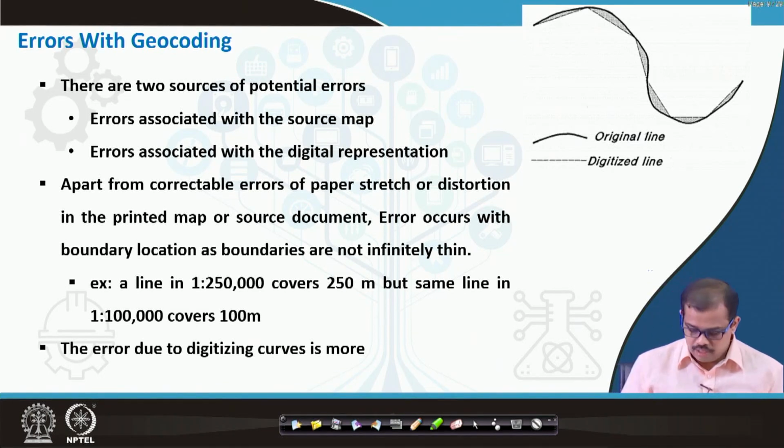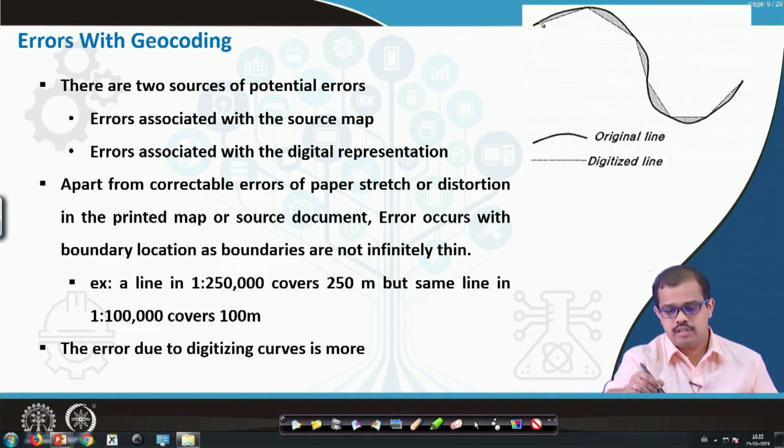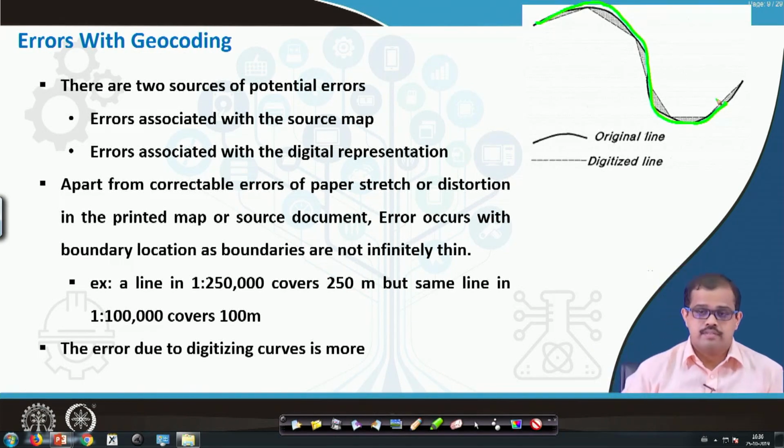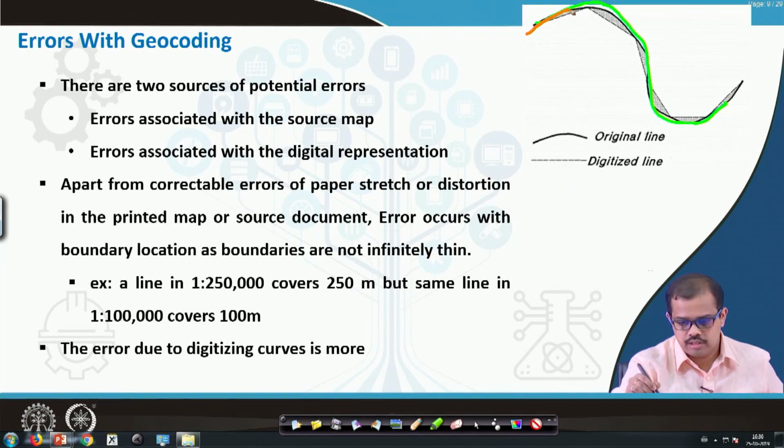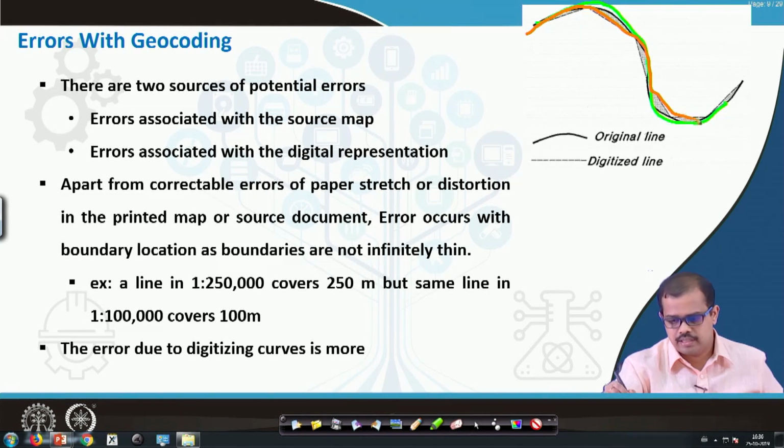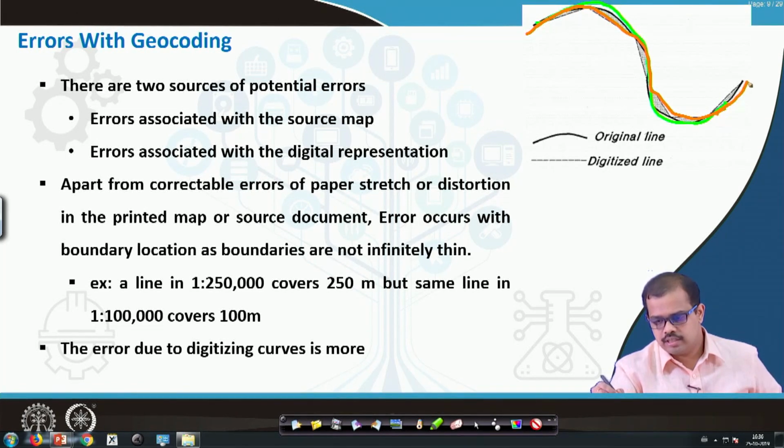For example, the one image that I have shown here, if this is a particular line, the exact line that I have, then this we have seen more often. Let us say I start digitizing this line. Because of my digitizing, I may just move out.